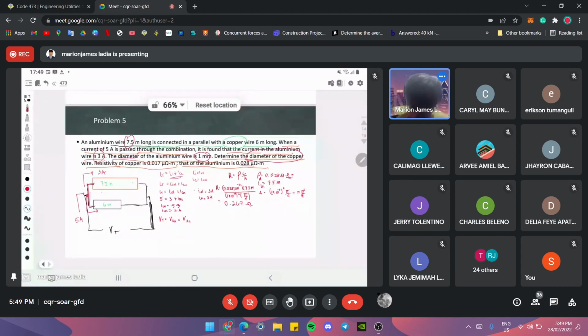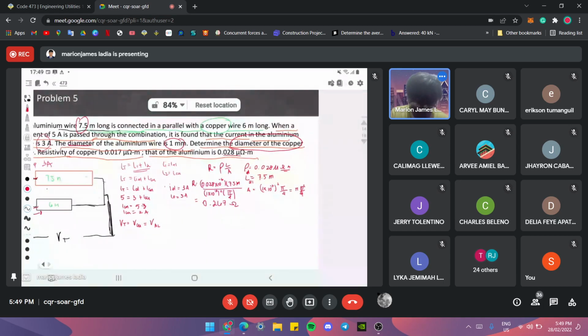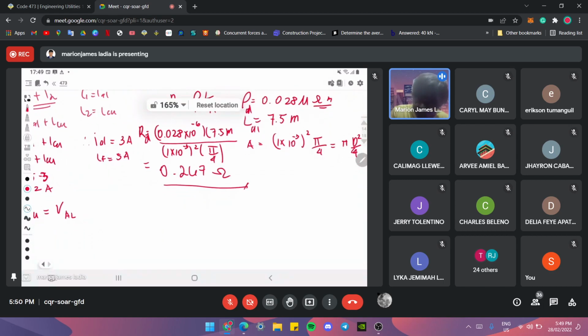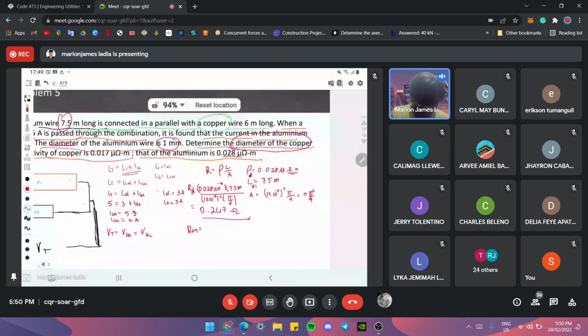Okay? Next, ano pa ba yung meron? V. So, may resistance tayo ng aluminum. So, next na gagawin natin, syempre, is kukunin yung resistance ng copper. Pero wala tayong cross-sectional area. Diba? Yun yung wala.